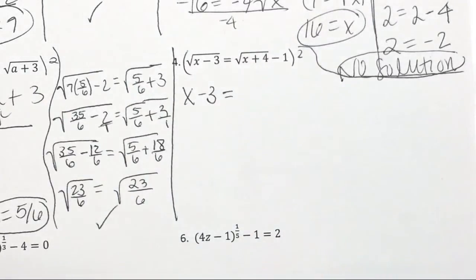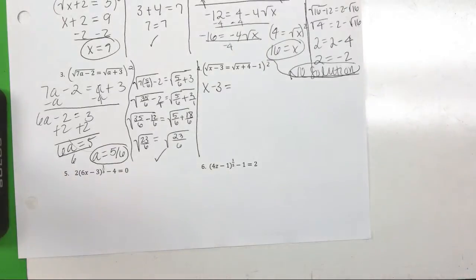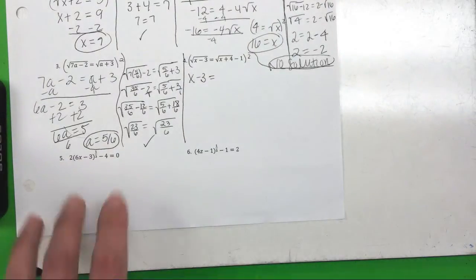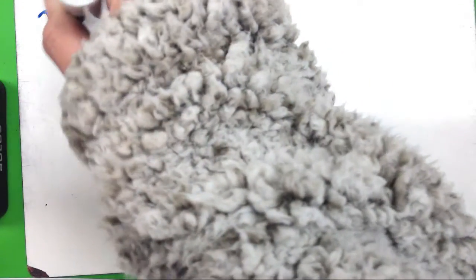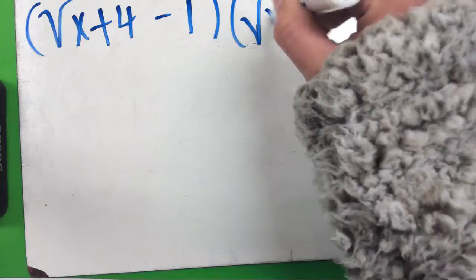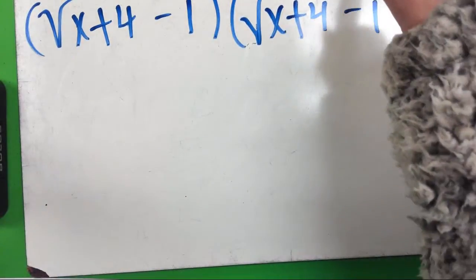I'm going to zoom out and do it on my whiteboard because I don't have enough room. So, we are foiling square root of x plus 4 minus 1 times square root of x plus 4 minus 1.